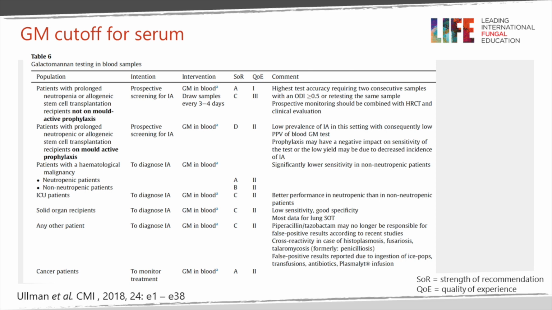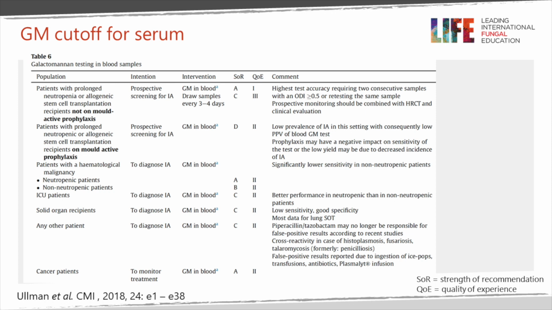The strength is basically a scale that we use, A being the best strength and B being the worst strength, in fact no recommendation at all. And the quality of evidence ranges from a proper randomized trial right down to expert opinion or abstracts that have been presented at various meetings. So here we see the highest level of support recommendation, an A1.